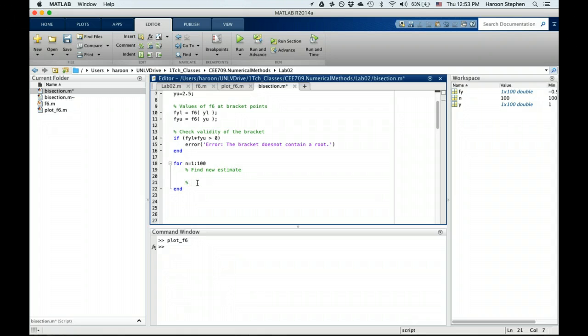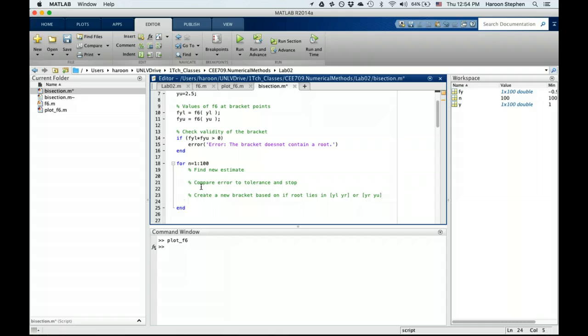The second step is to check the error, that is, compare the error to the tolerance, and stop if you have reached the tolerance, or create a new bracket based on whether the root lies in YL, YR, or YR, YU. This is pseudocode that I'm writing to make sure that I understand what the process is. And that's pretty much it. Then keep repeating this process.